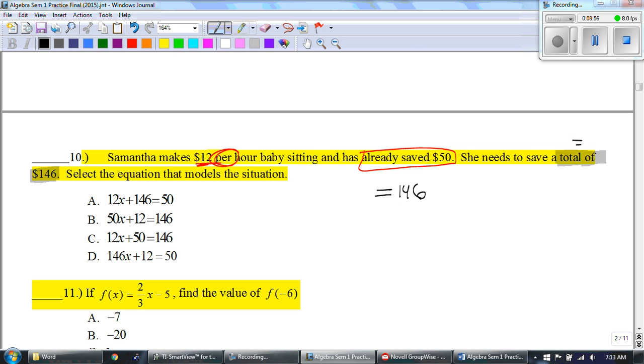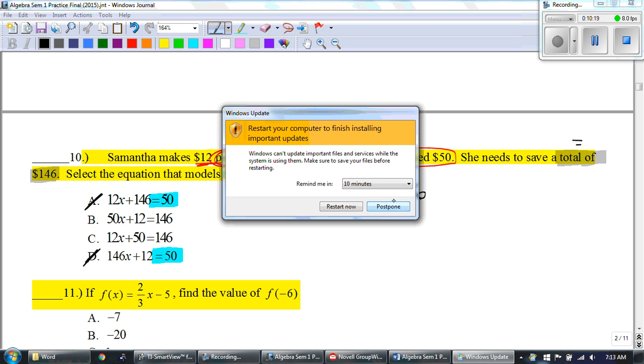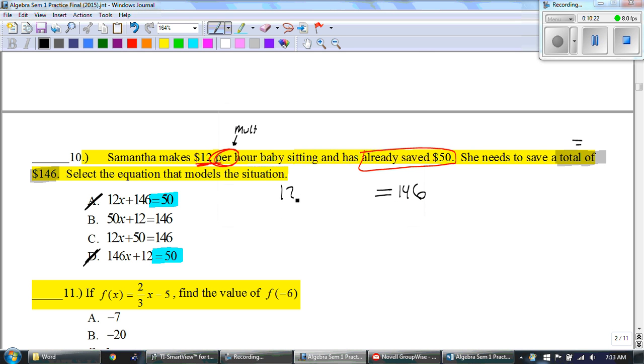Before I get too involved, I'm just looking. See how A and D don't have it equaling 146? So I can cancel those. Now, per is our word that means to multiply. So that's going to be 12x, and she already has $50. So we get 12x plus 50, which is C.